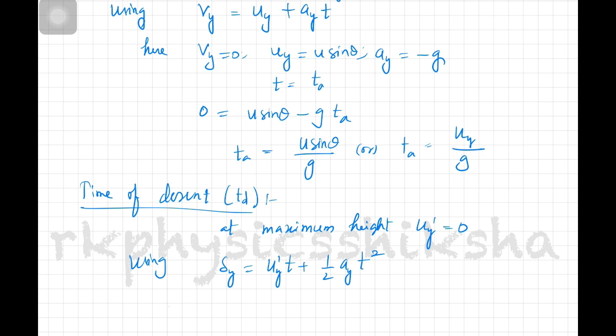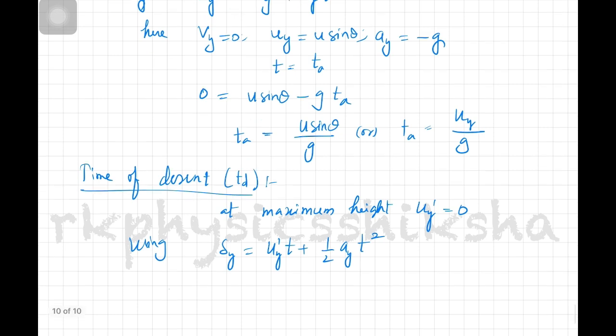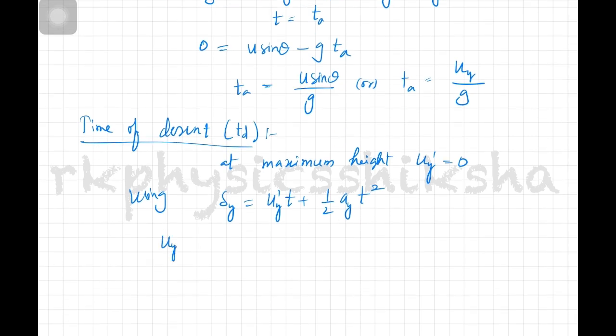But here, as we are considering the free fall of the body, the time taken for the particle to reach the ground from maximum height, I consider Uy dash, which is the initial velocity of a body under free fall, which is always 0. So I consider Uy dash is equal to 0, and Sy we know very clearly is the height, the vertical displacement, measured from the maximum height.